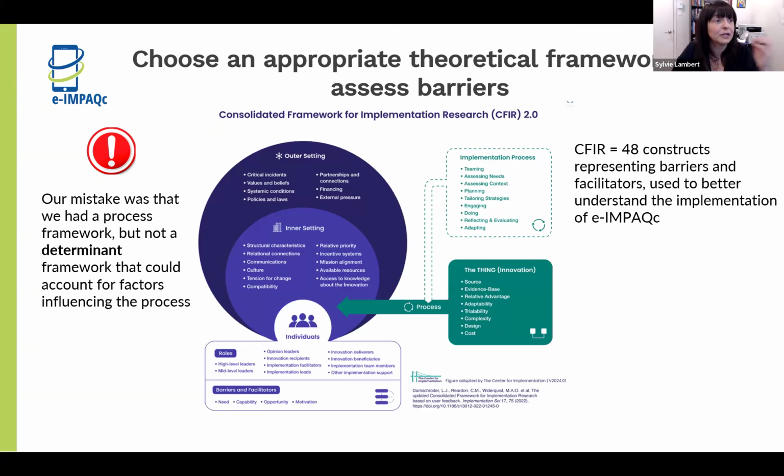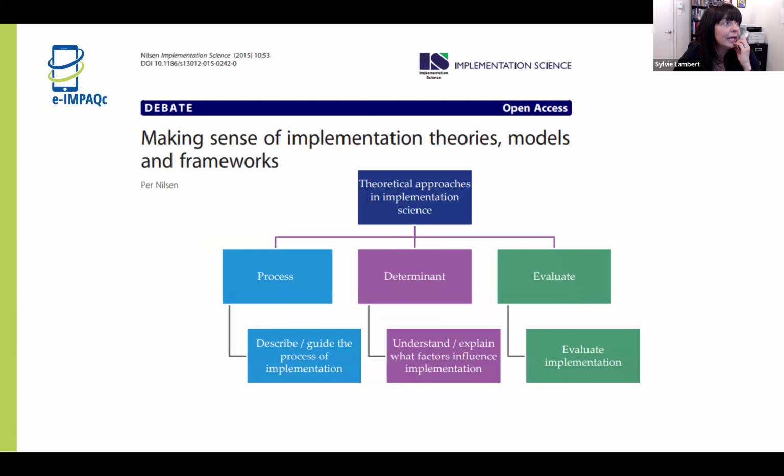So the CFIR has 48 determinants of implementation. And this is also really good. Anybody interested in implementation science, it's a really good paper. It tells you the different frameworks you need to really try to implement. We had a process framework, but then I realized we were lacking a determinant framework. And for us, the CFIR is the one we use.